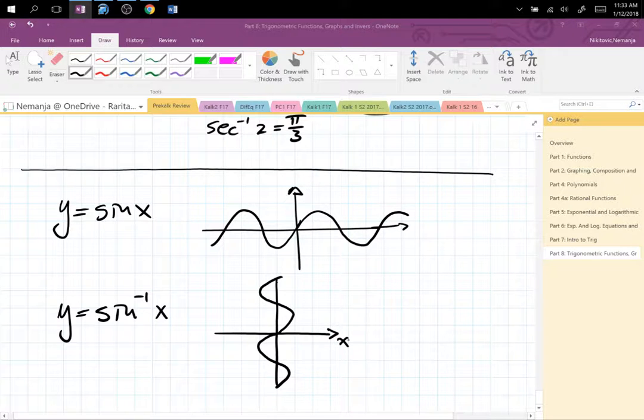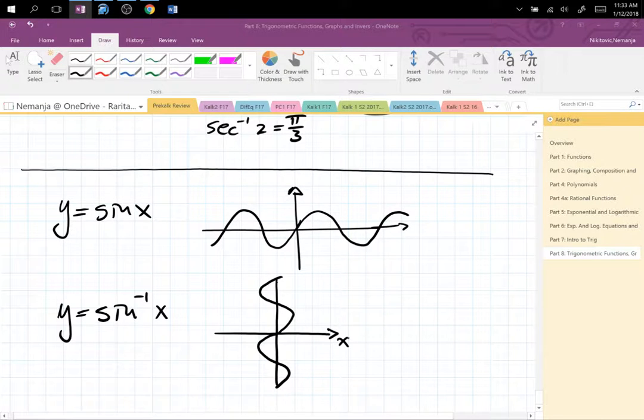So actually, out of the box, inverse trig is not a function. So we have to fix that, because we have to use inverse trig in calculus, and calculus applies strictly to functions, which is the reason why you do function analysis of functions in pre-calculus courses.